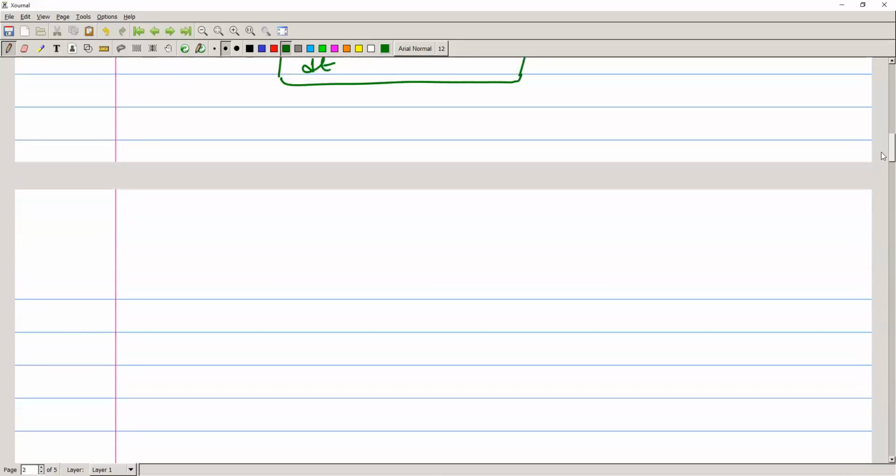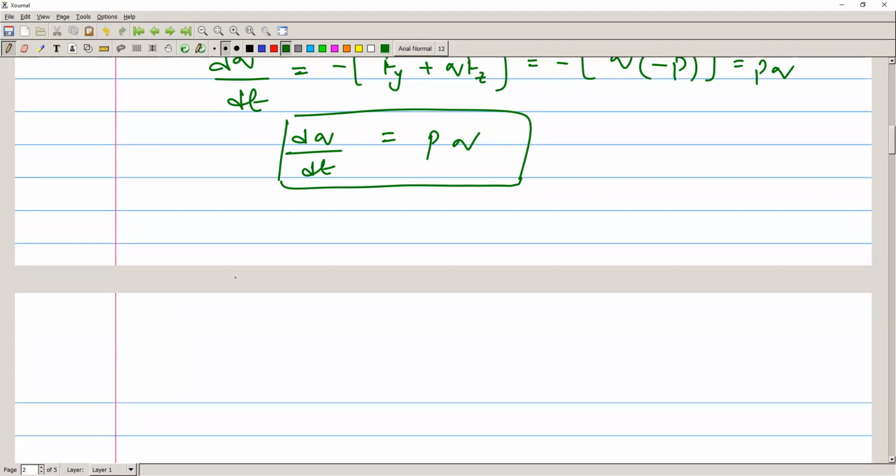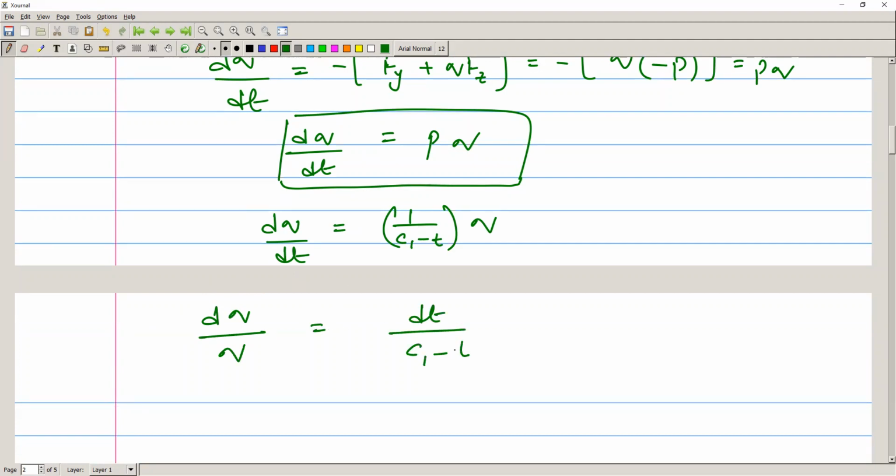So dq over dt is equal to pq, and now I will substitute the value of p, which is 1 over c1 minus t, multiplied by q. Now this is a separable variable equation, so dq over q is equal to dt over c1 minus t.